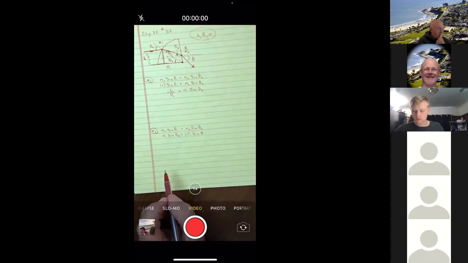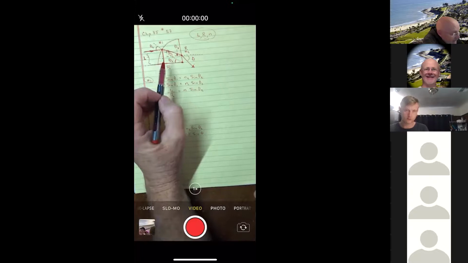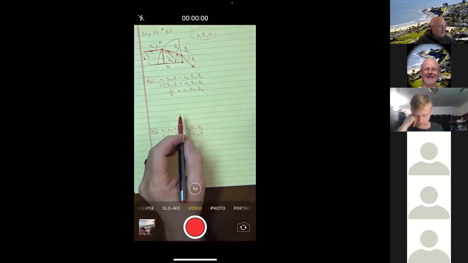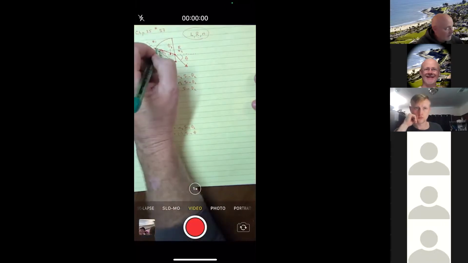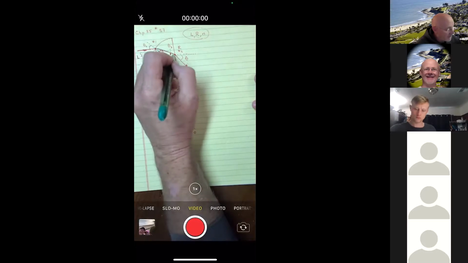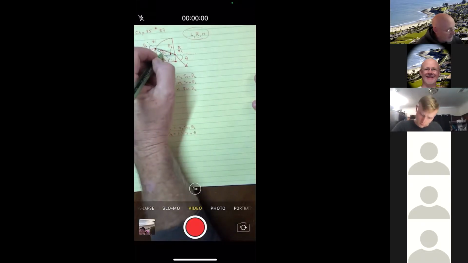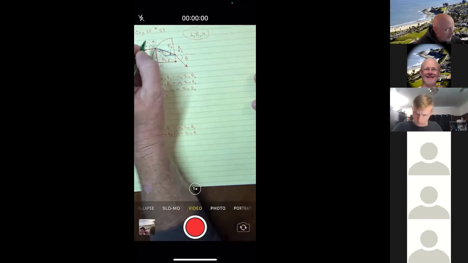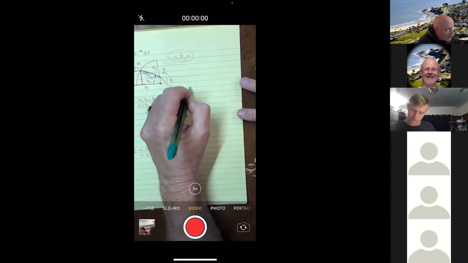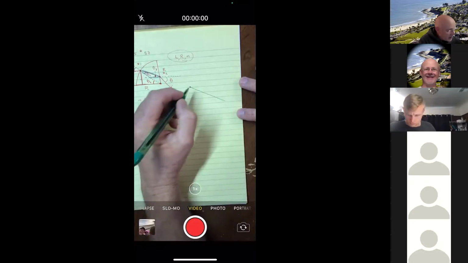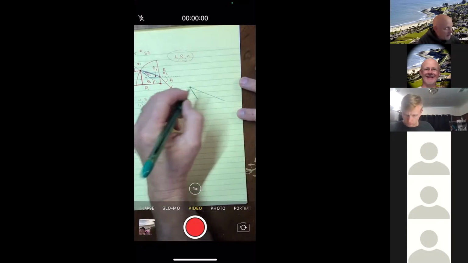But this triangle, I'm going to draw in green, and maybe expand it over here on the side so you can kind of see it better.